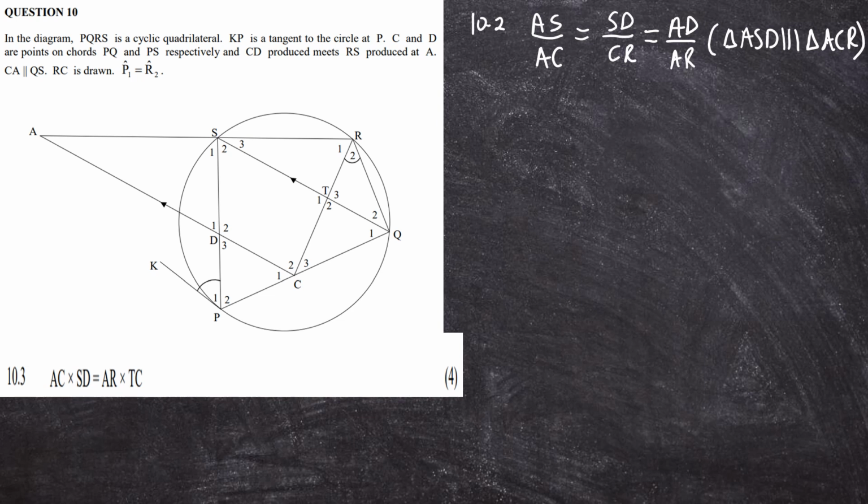Okay, 10.3, they want us to prove that AC multiplied by SD is the same as AR times TC. If you check on the page here, I've just put what we just deduced from 10.2. From similarity, we went to that proportionality there.